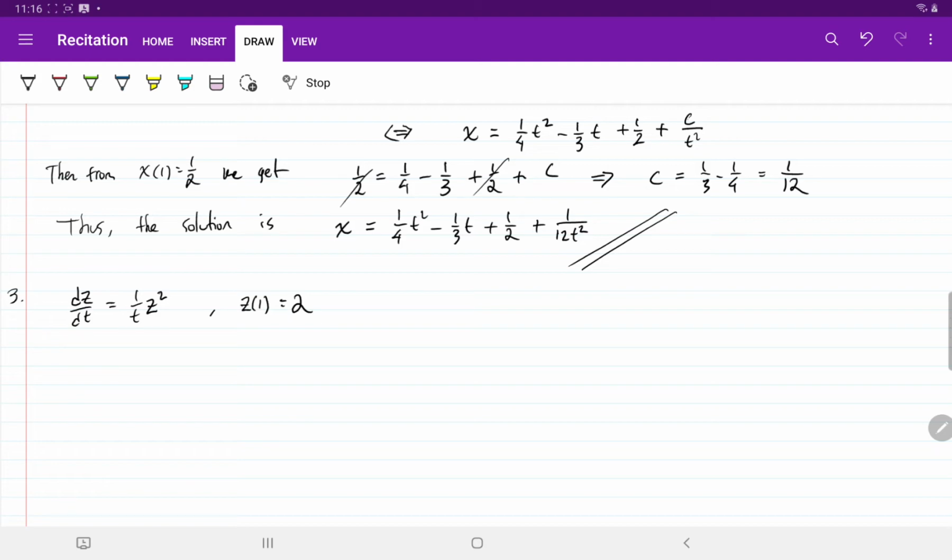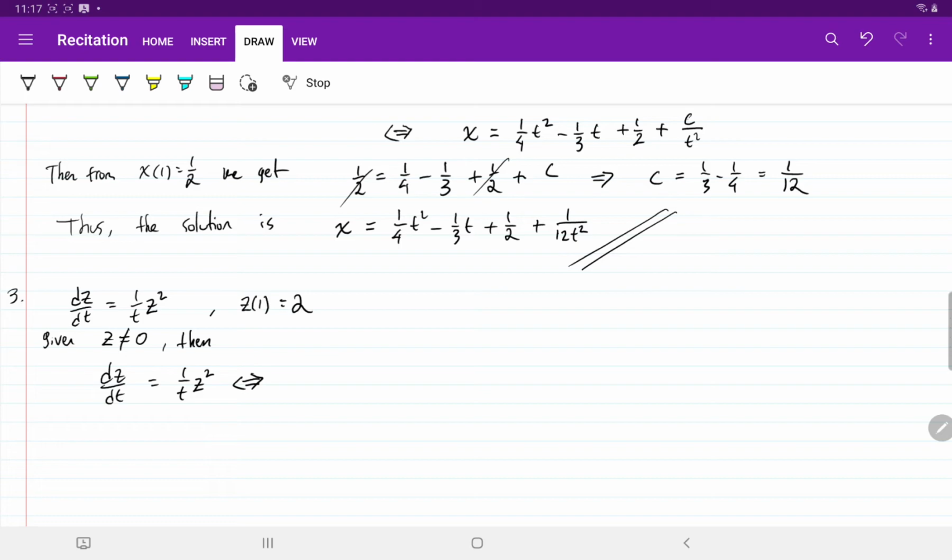here we can exchange, right? So given z is not 0, then we can have dz over dt equals to 1/t z squared.